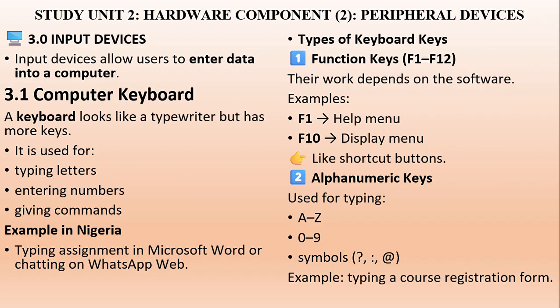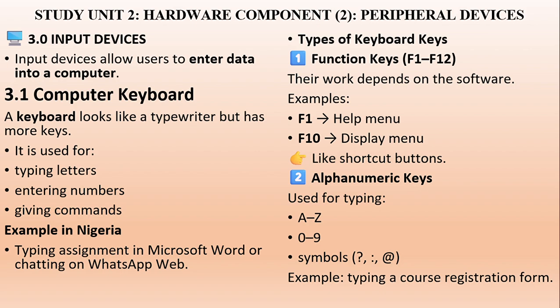So the first one is the keyboard, a computer keyboard. Input devices allow users to enter data into a computer. That is just the main importance of an input device. Under the peripheral devices, the input device allows you, as a user of a computer, to be able to enter data into a computer.